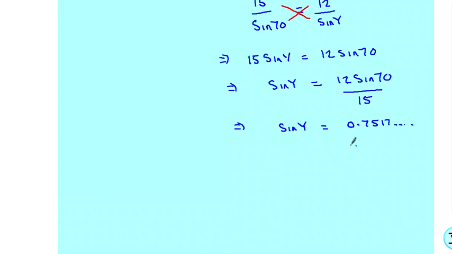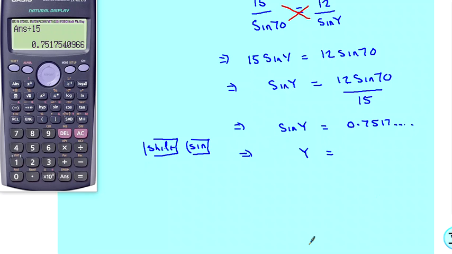0.7517, right? But just as we did in the earlier lesson on the area of a triangle, I'm now going to hit my shift key and my sine key, so I'm looking for inverse sine or second function sine. Why? Because that will get us the angle. I've still got this value 0.7517, so I'm just going to leave that there.